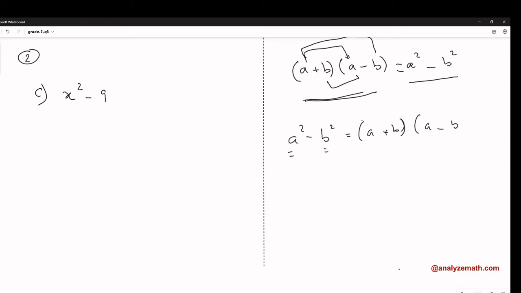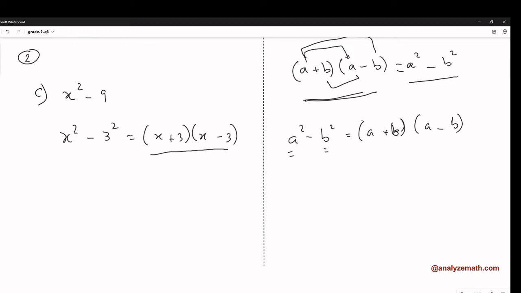Remember, factoring is writing an expression as a product. So a square minus b square is a plus b times a minus b. Let's go to our expression. x2, we already have a square. 9, we can write it as 3 to the power 2. And then this has the form a square minus b square, so that will be x plus 3 times x minus 3.